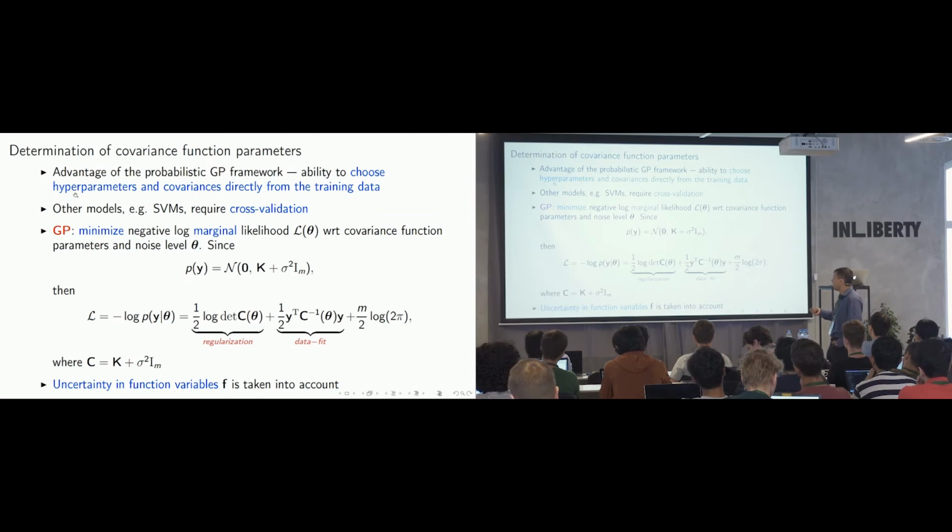And so we can explicitly optimize this functional with respect to parameters of the noise process, in this case the variance, and with respect to the parameters of the kernel function, to obtain estimates of these parameters.